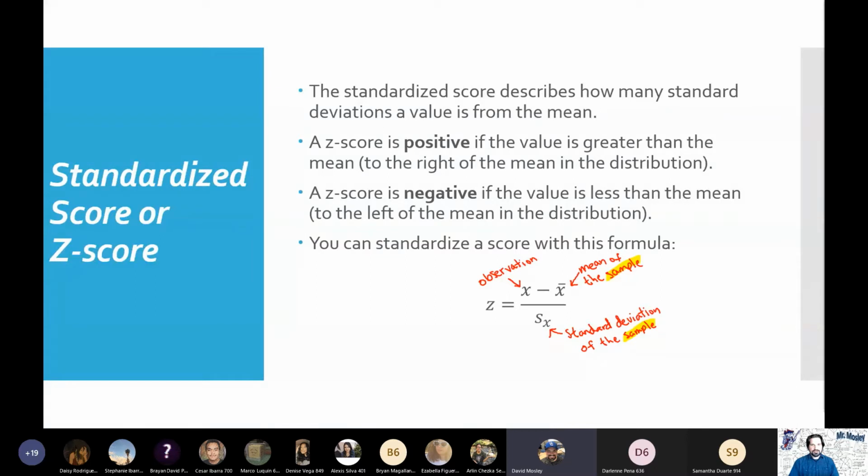Z and x would stay the same. z equals x minus mu, which is the mean of the population, divided by sigma of x, where sigma is the standard deviation of the population. These two notations imply we have the numbers for the entire population.